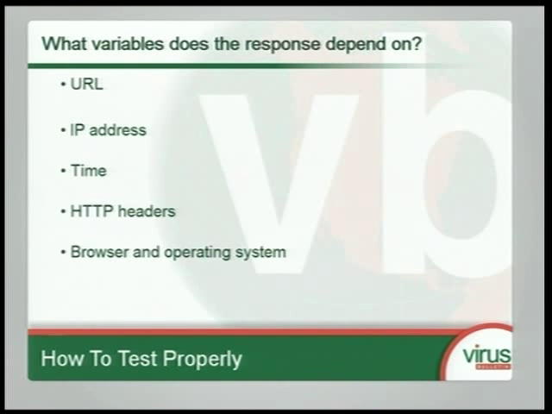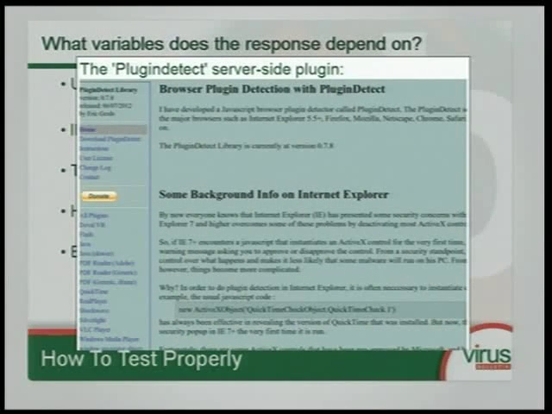And a lot of web-based malware depends upon users running vulnerable plugins. We all know that. So there is a legitimate plugin called Plugin Detect, which is a server-side plugin, which websites can use to detect what plugins and what versions of them the user is running. And for instance, the Blackhole exploit kit uses it. So if you're not running anything that can be exploited, it may not attempt to infect you.